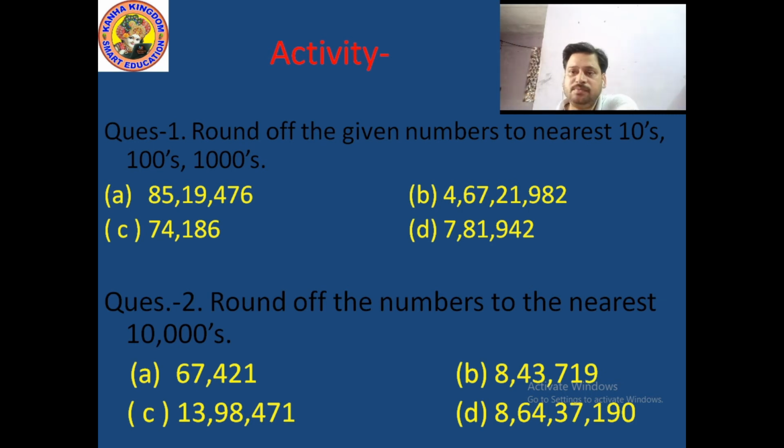Whatever the number in 10's place, you just add one more, and rest whatever number in 100 place, 1000 place, 10,000 place, whatever the digit, all are same. Okay, understand?